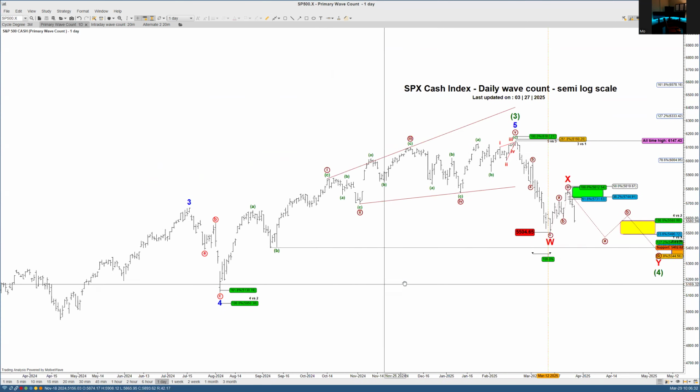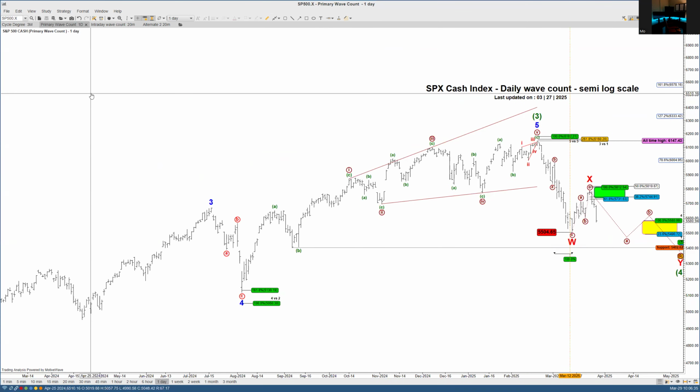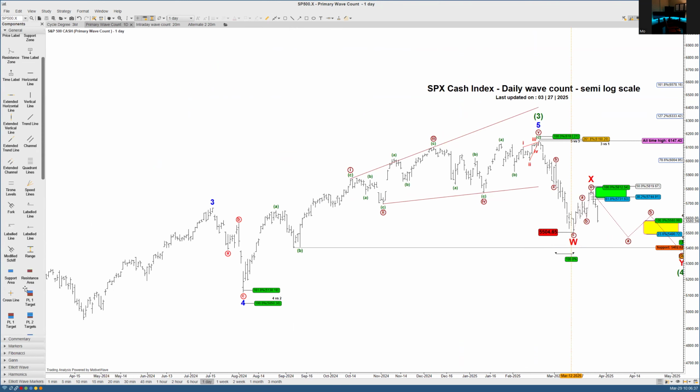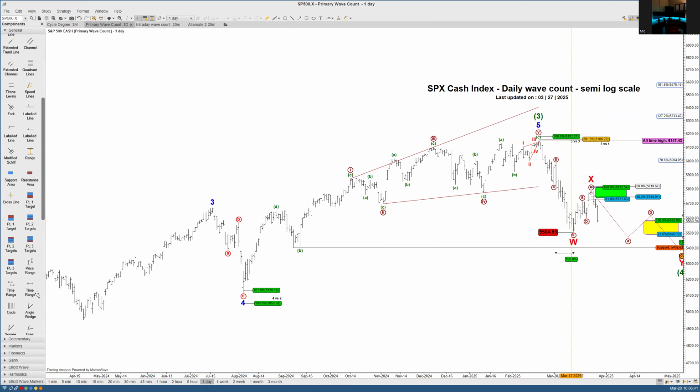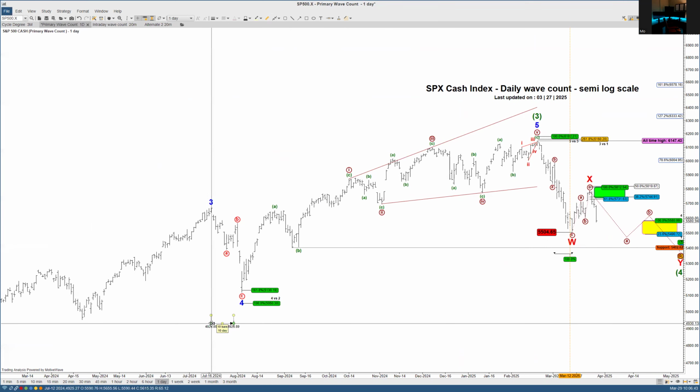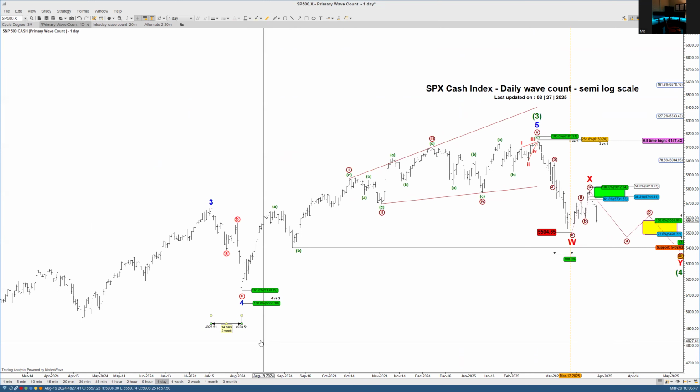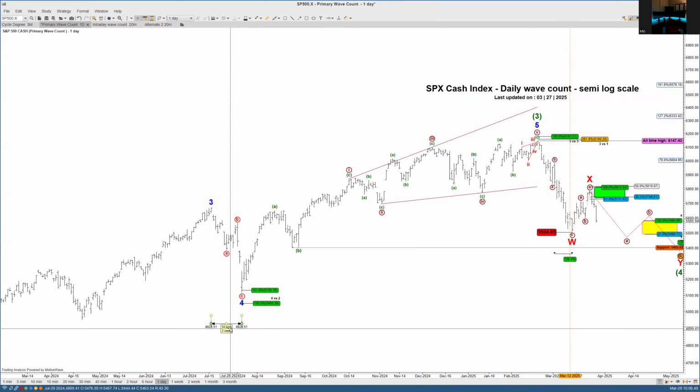All of these moves, you can measure them. Let's take this one, I'll just show you this one quick. Let's say you take this high to this low, 14 bars. So there were 14 daily bars.